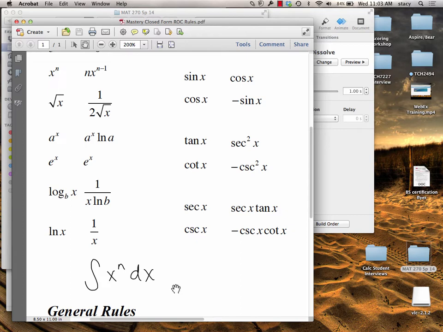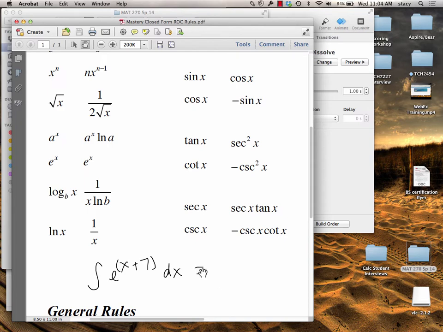So, like, for e to the x plus 7, like x plus 7 is in the exponent.